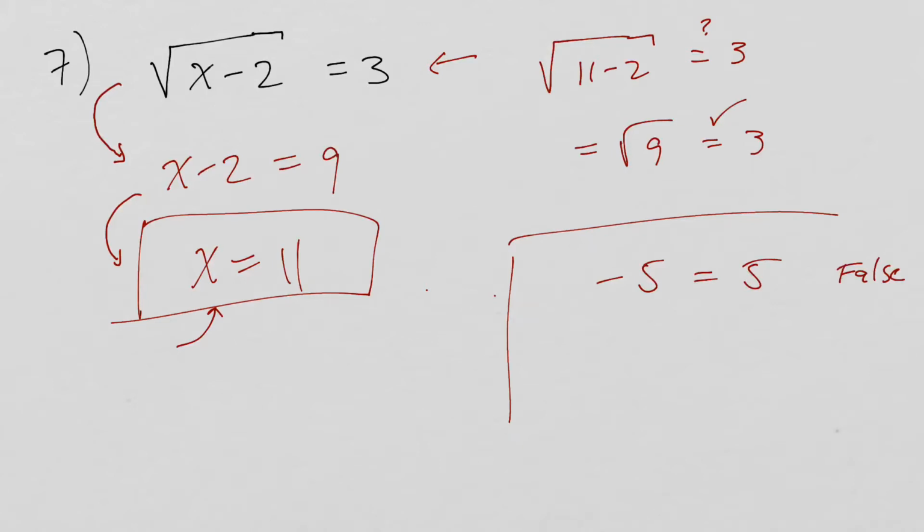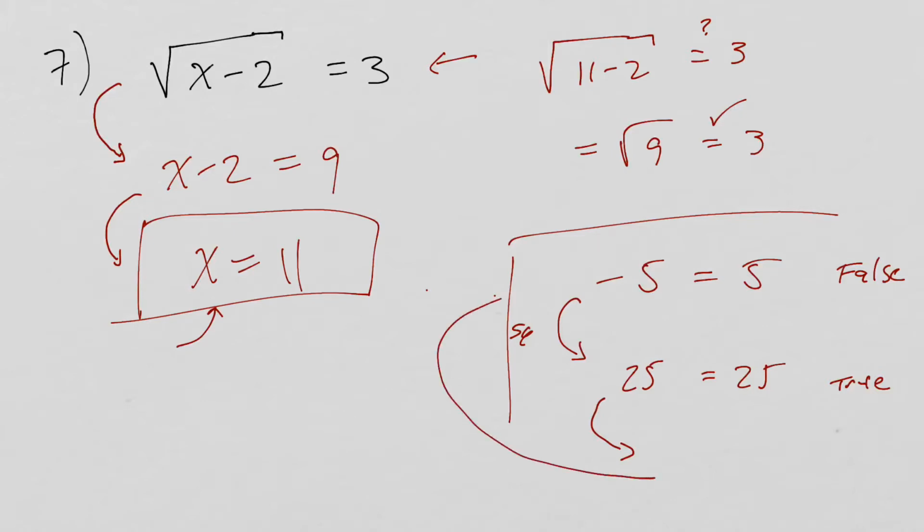But if I were to square each side, I would get 25 is equal to 25. And that's a true statement. So any solutions that come from this true statement are going to be invalid when applied to the original statement. Those solutions that came from this statement that do not apply to the original are called extraneous solutions.